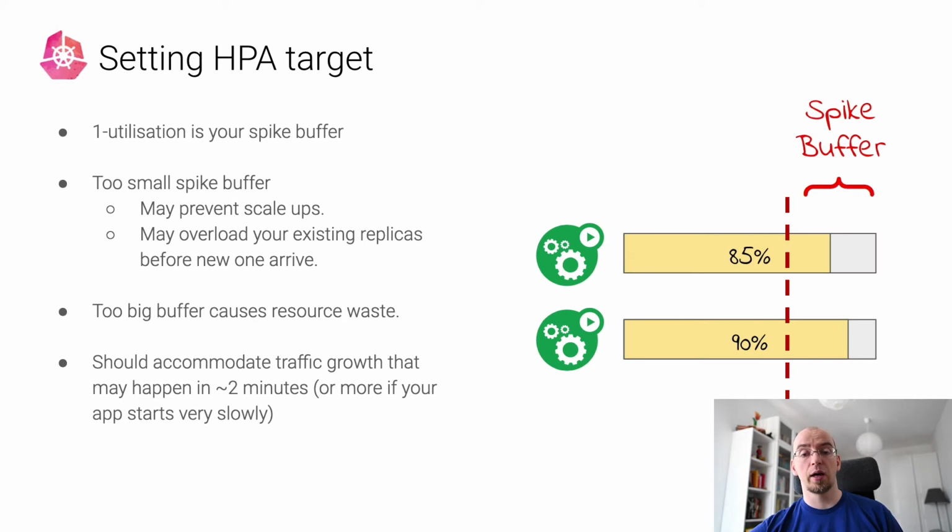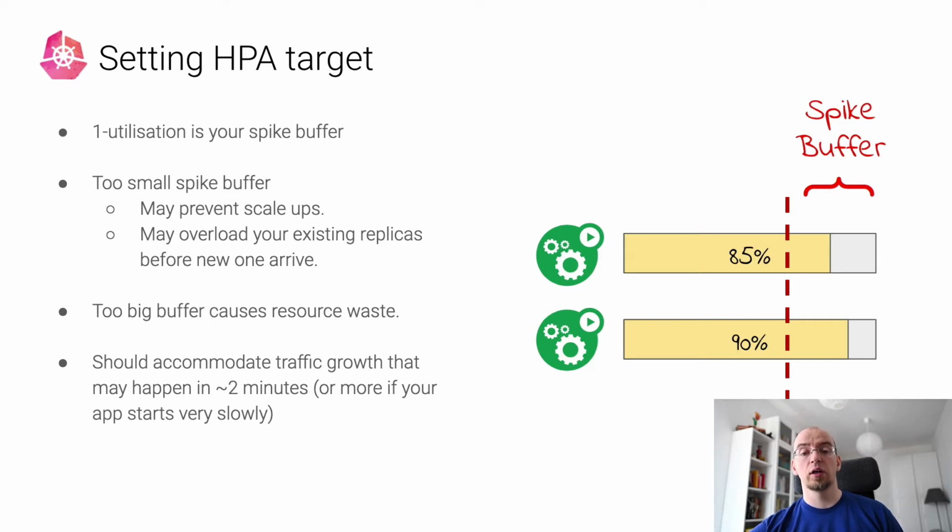While setting up HPA, it's crucial to set the target value, or more generally, target utilization, right. 1 minus utilization is your spike capacity and the driver for scale-ups. Too small a buffer may prevent scale-ups and may overload the application. Too big obviously causes waste.